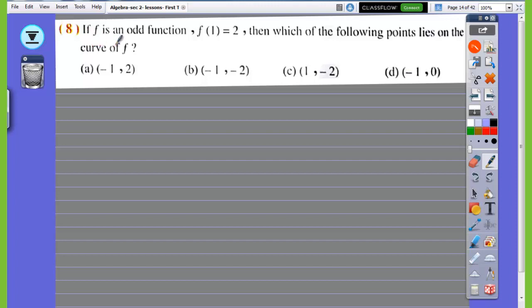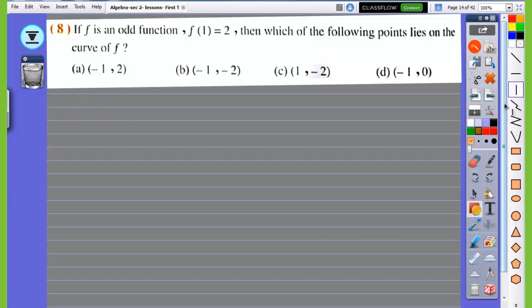If f is an odd function and f of 1 equals 2, then which of the following points lies on the curve of f? As we said before, the curve of the odd function is symmetric about the origin, like this. Let us study it again.